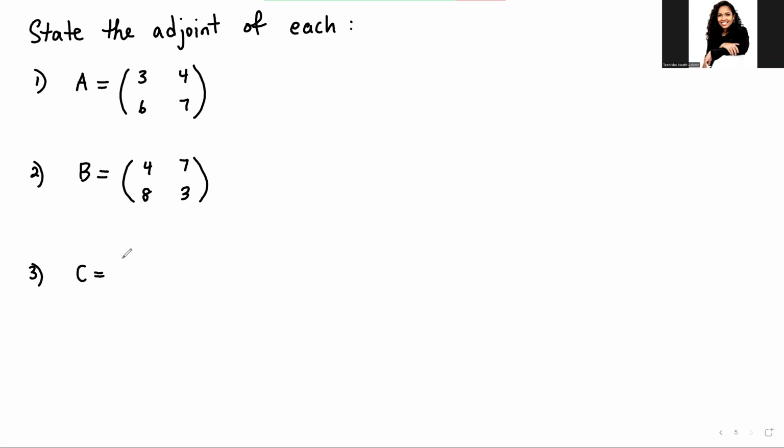C is -2, 3, -4, 5. You state the adjoints of each of these.